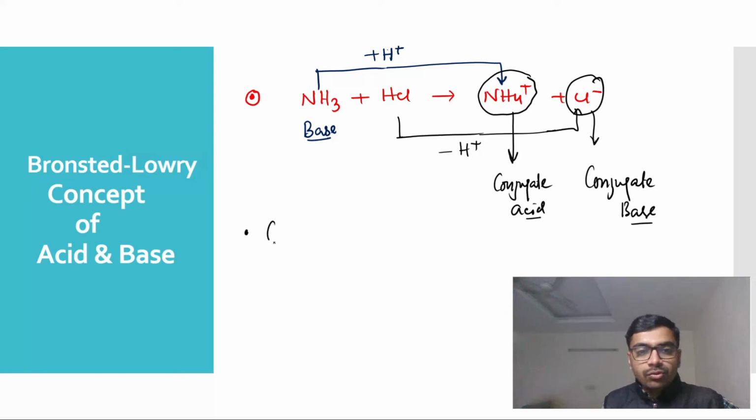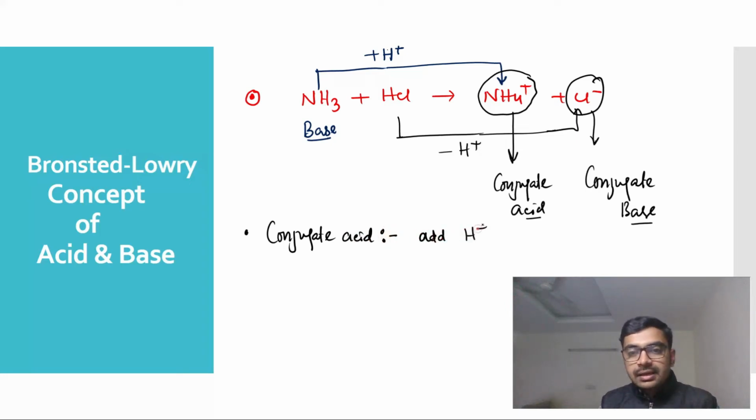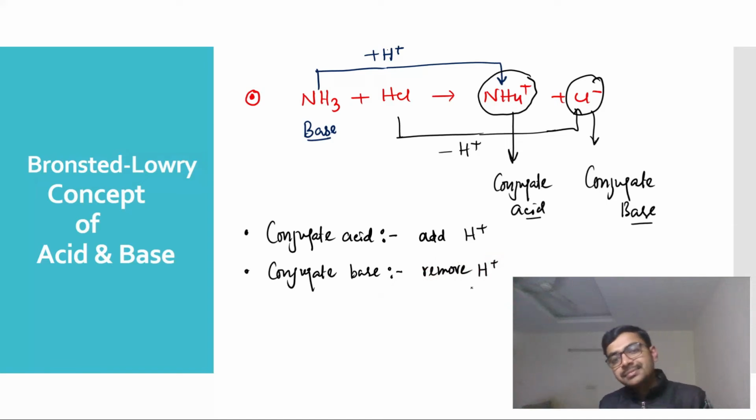That means if you want to determine the conjugate acid of any species, you have to add one H plus ion. And if you want to determine the conjugate base of any species, you have to remove one H plus ion from this species.